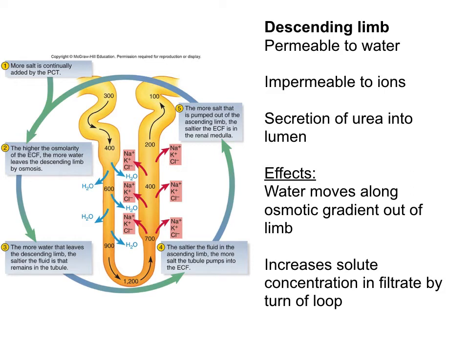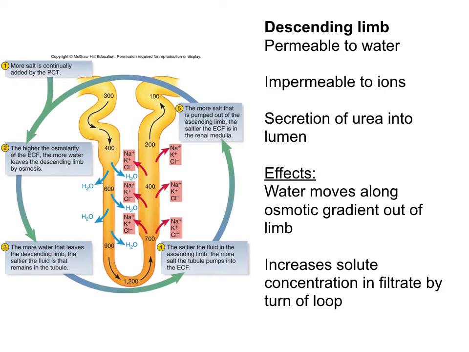So your descending limb reabsorbs water by having it move along its osmotic gradient from the high on the inside of the limb to the low on the outside of the limb. So the ascending limb function allows the descending limb to do its job, which is reabsorb water.